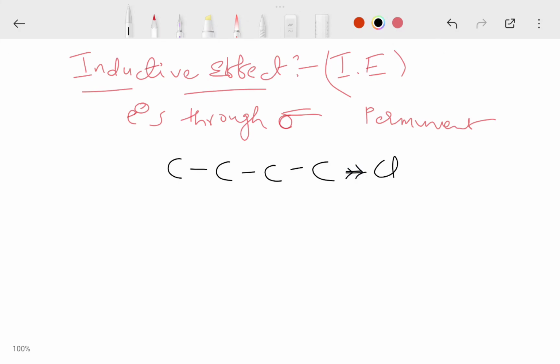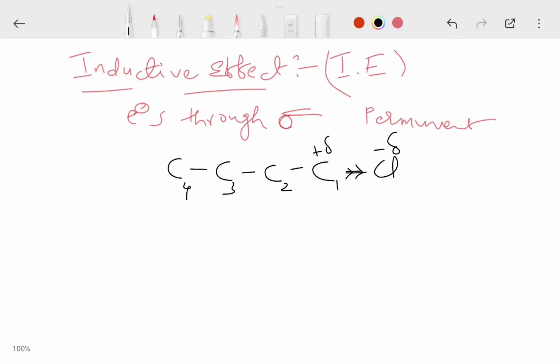Hence, the electron density on the first carbon decreases. Chlorine attracts electrons, so it gets a partial negative charge, and the first carbon, with decreased electron density, gets a partial positive charge.